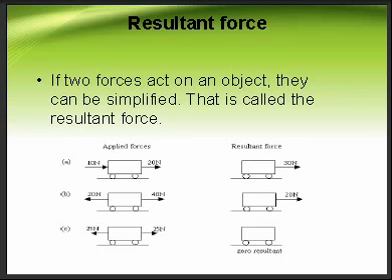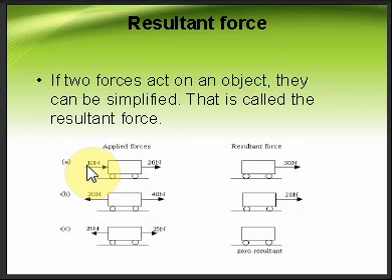If two forces act on an object, they can be simplified, which means you can either add them or subtract them. That is called the resultant force. For example, you have two forces that have been applied.